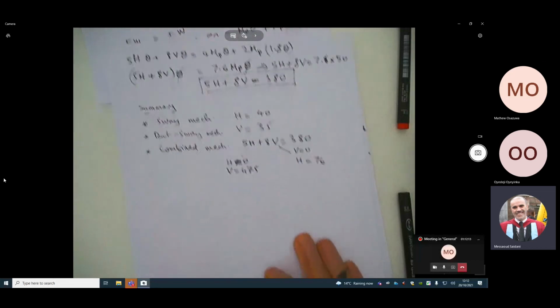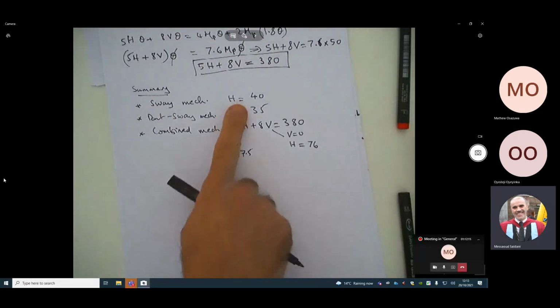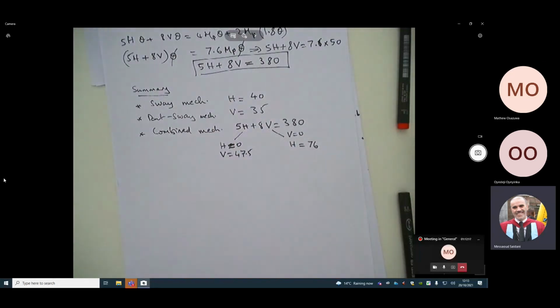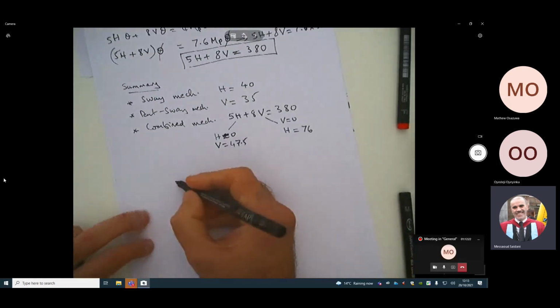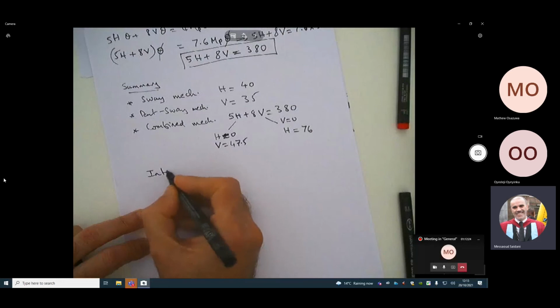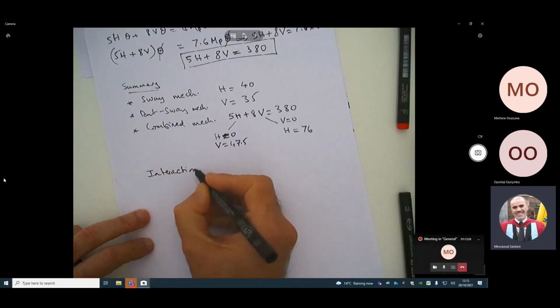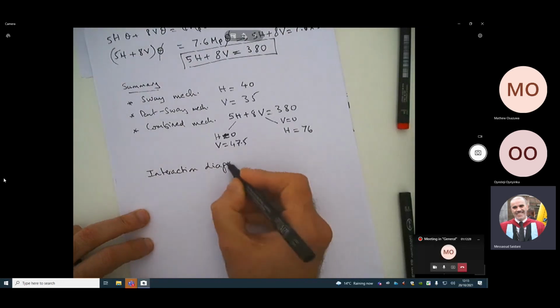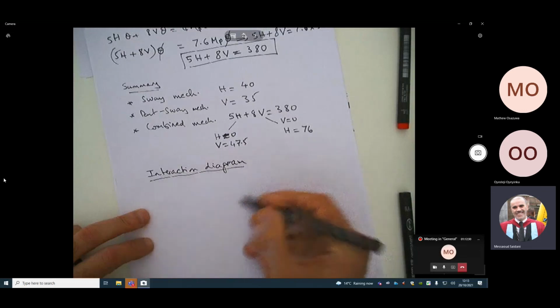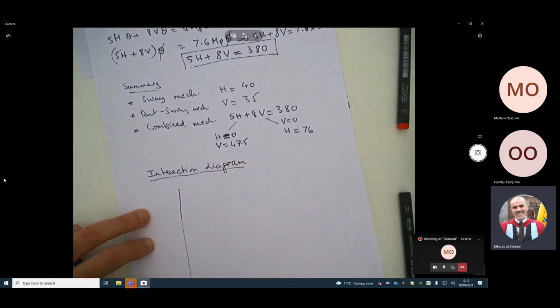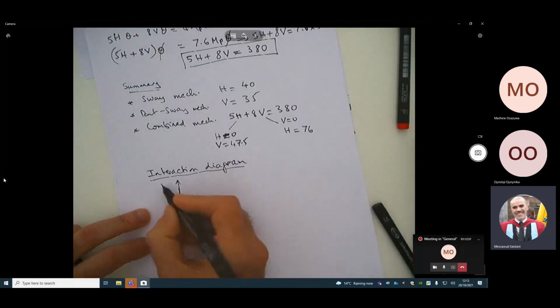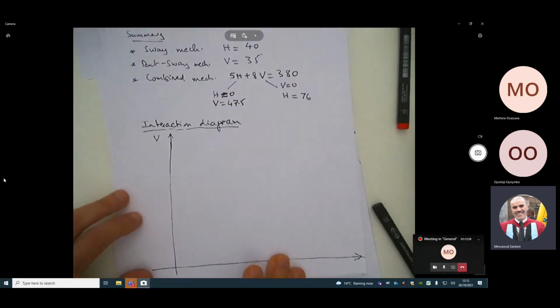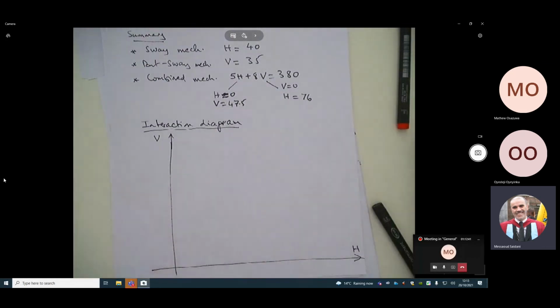Now we are going to plot these three equations into what we call the interaction diagram. So here we have an interaction diagram. We put V in the vertical direction, and H in the horizontal direction.